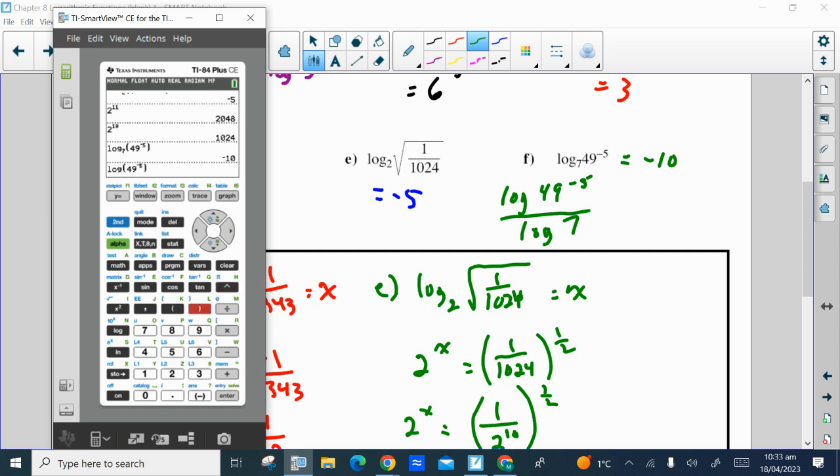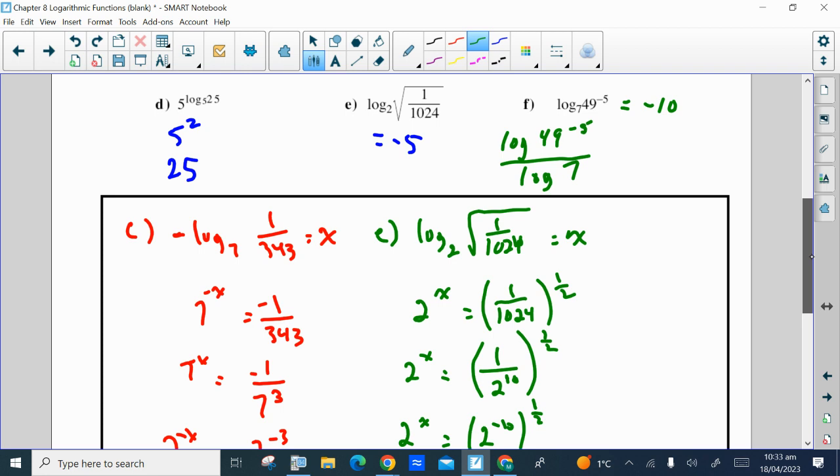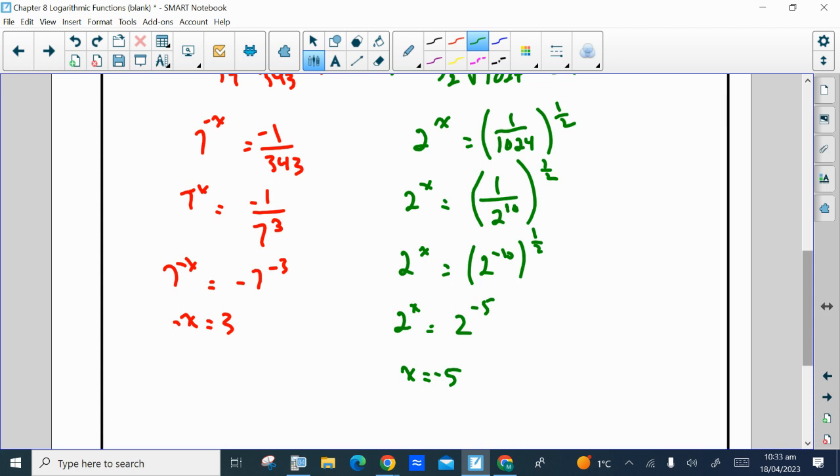Just have to close the bracket after the 49 to the -5, and that's divided by the log of 7. We get the same answer. Okay. And it could be done manually by making it equal to x, writing it in exponential form, and then solving the exponential equation. But we don't have to do all that work anymore. We can use the calculator.